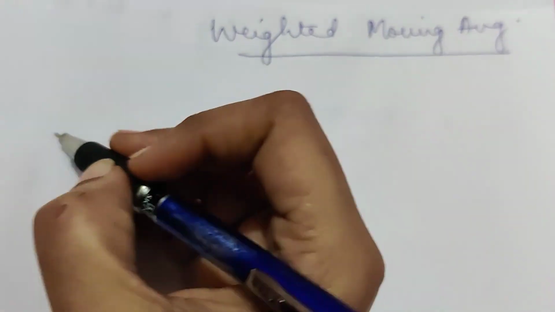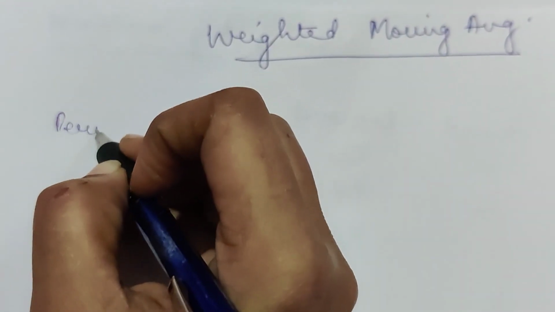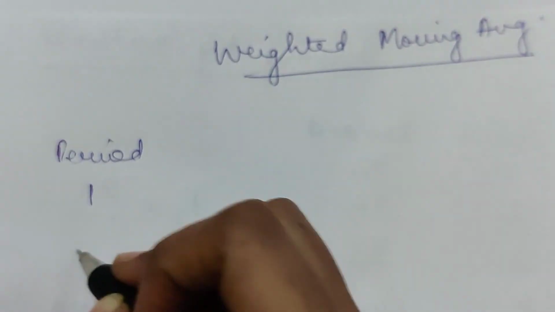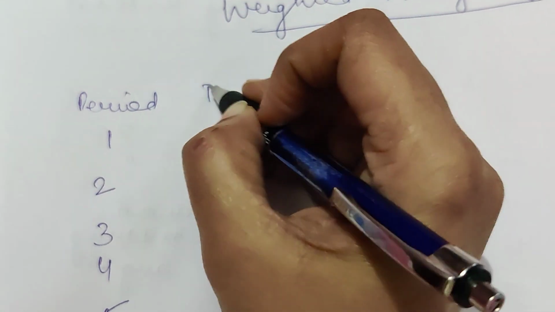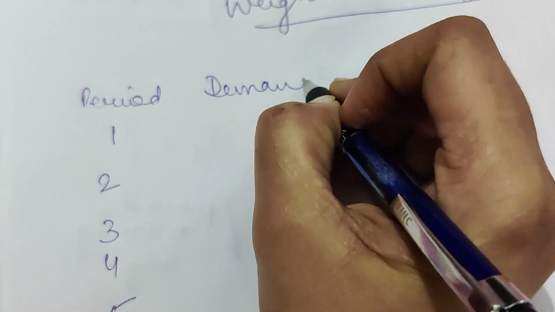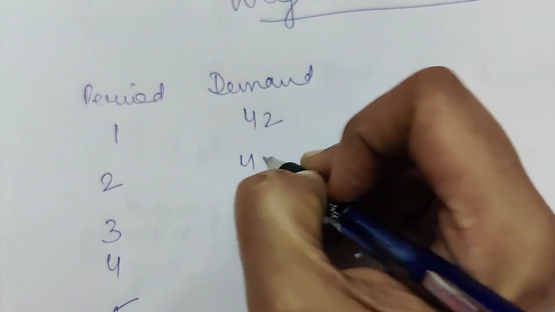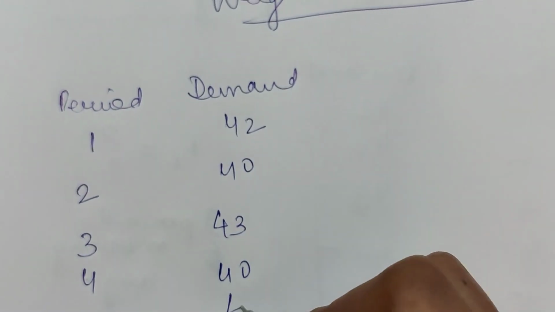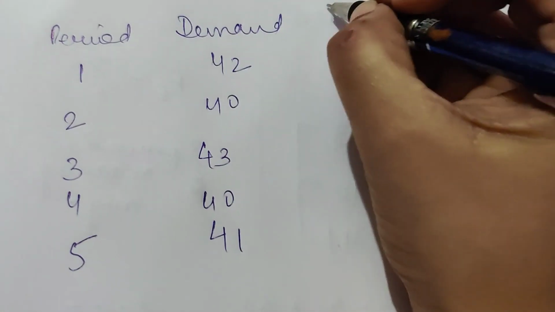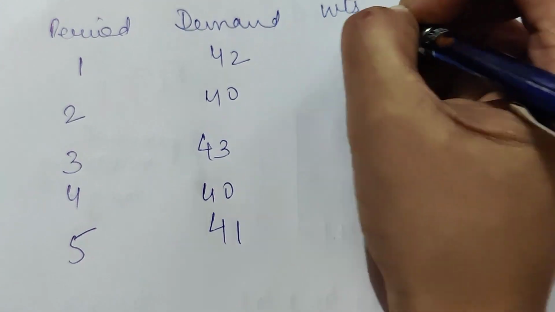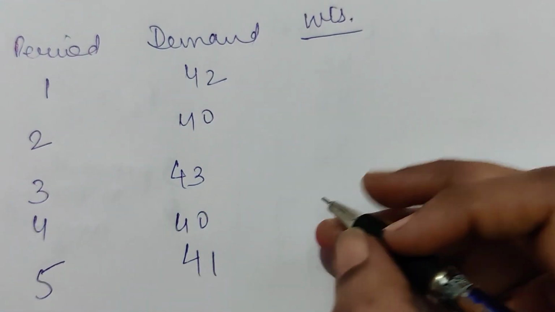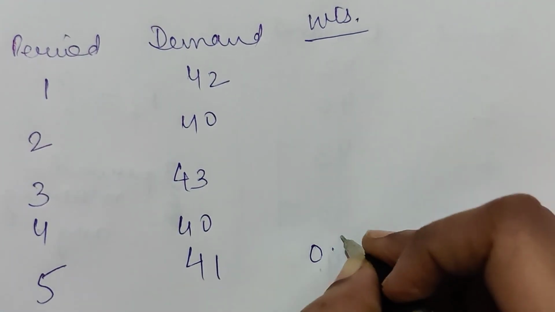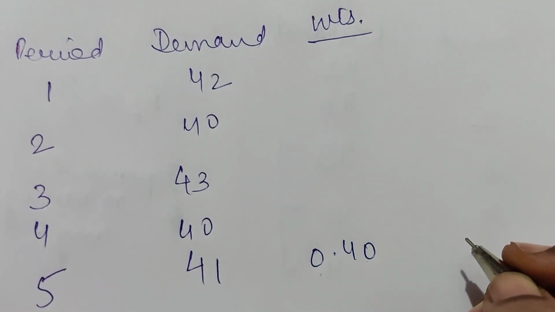Now in weighted moving average, let's consider the same data 1, 2, 3, 4 and 5, and the demand is 42, 40, 43, 40 and 41, and now they have given you the weights. Now the weights they have given like this, that 0.40 is the weight of the most recent period.